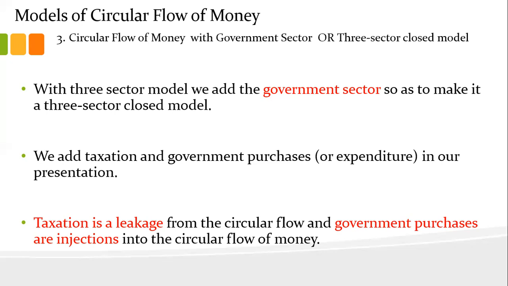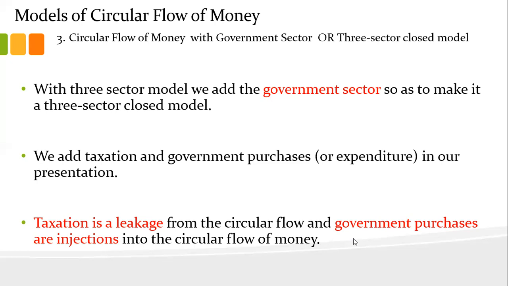Taxation, as we learned in the last lecture, is a kind of leakage because it reduces the purchasing power of households as well as the investment for the businesses or the producers, so it is considered as a leakage in the circular flow of money.